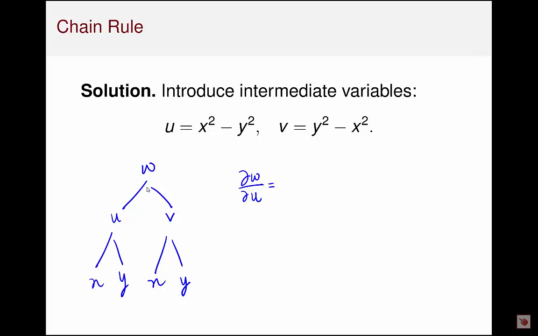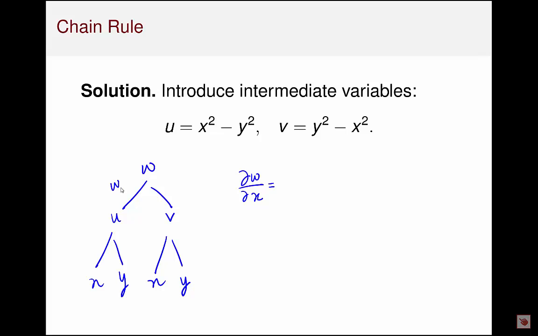So we are making use of the branches going from w to x. Right, as we go down the branches, for example, the first one here, we'll pick up the partial derivative.